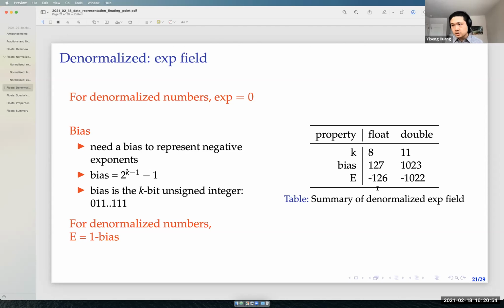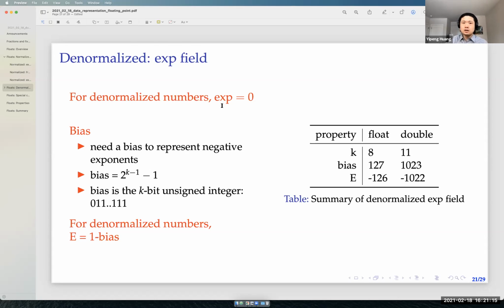Andrew is asking, isn't this just exactly the same case as encoding EXP equals 1? Not quite.